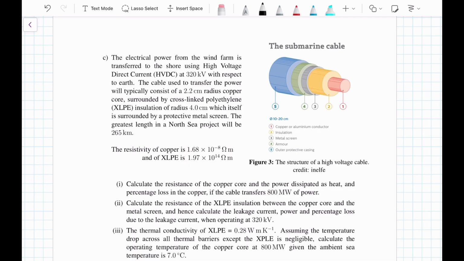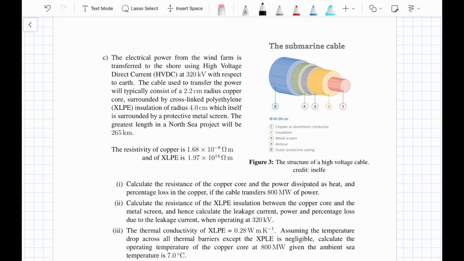The greatest length in a North Sea project will be 265 kilometers, and it gave us the resistivity of the copper and the XLPE, which I think is the second layer of insulation. Yeah, that's the insulation layer.